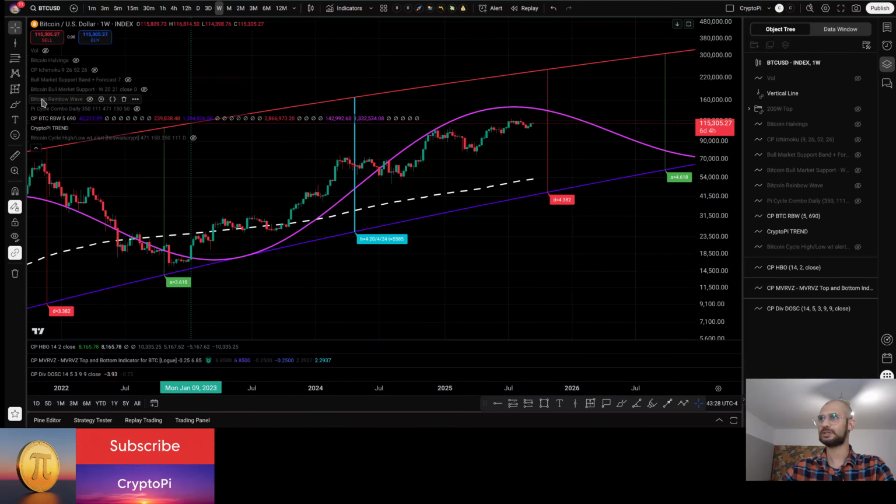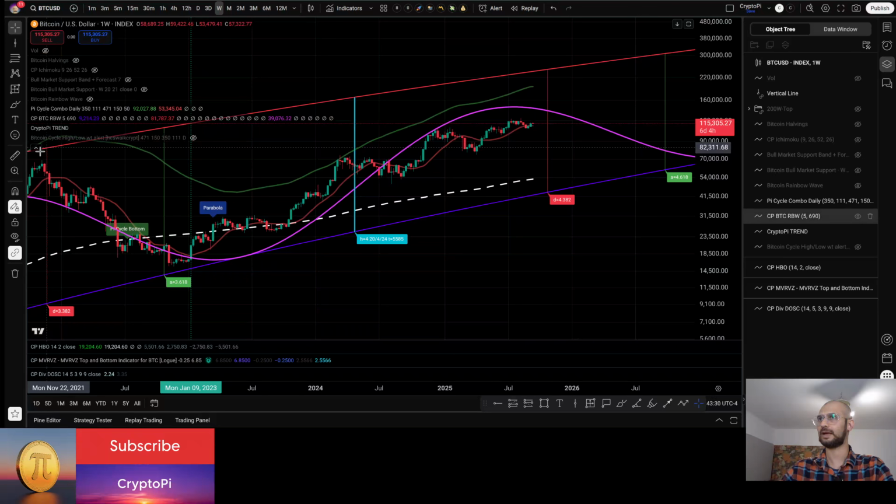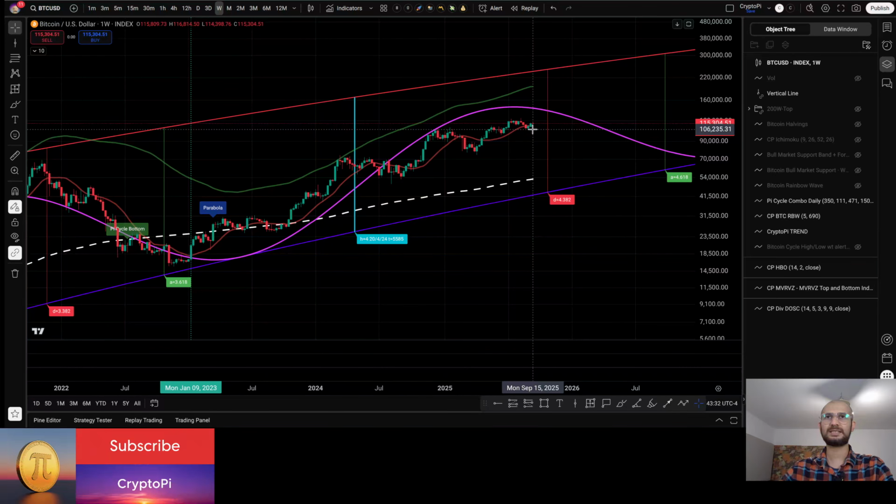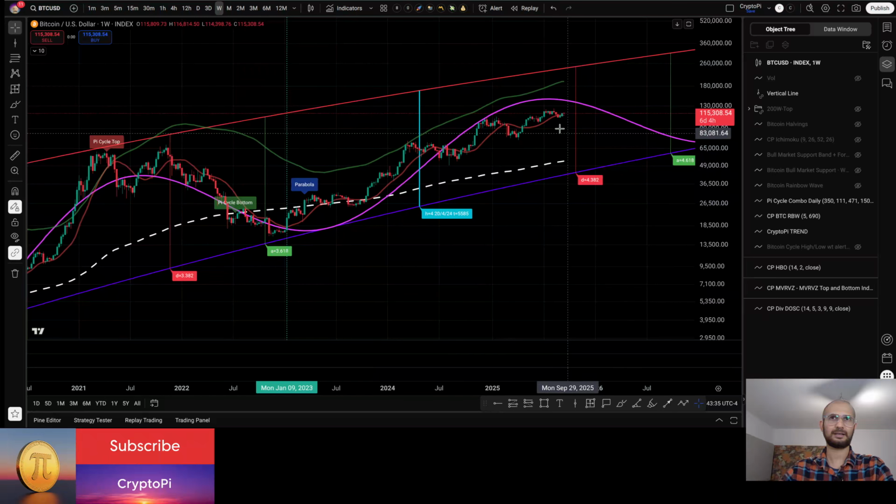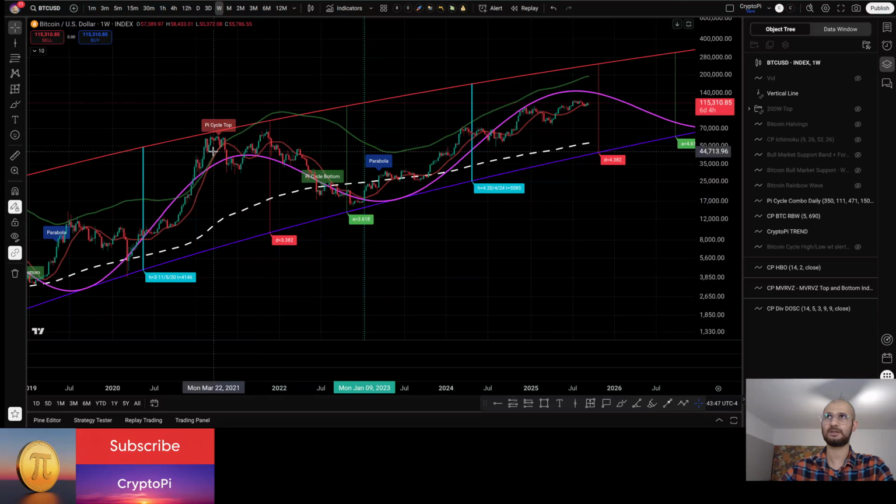If I switch on the bicycle top, we still see that both the moving averages are pretty far away. And if these two averages are pretty far away, and considering historical observation that now in the cycle of 2021, the crossing barely just happened and basically bicycle top failed here.